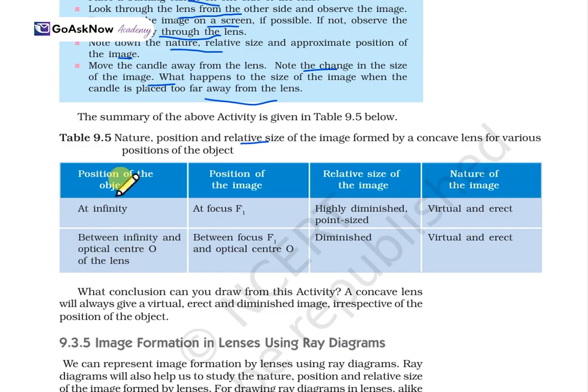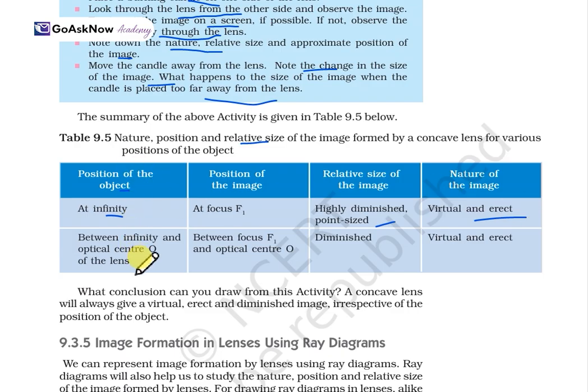See the nature, position, and relative size of the image formed by the concave lens for various positions of the object. Firstly, when the object is at infinity, the image is at focus point F1, the relative size of the image is highly diminished, point sized, and the nature of the image is virtual and erect.